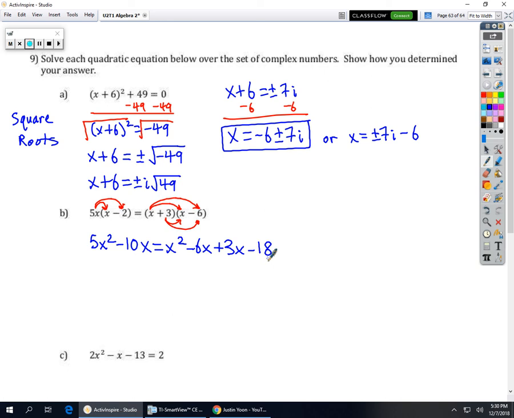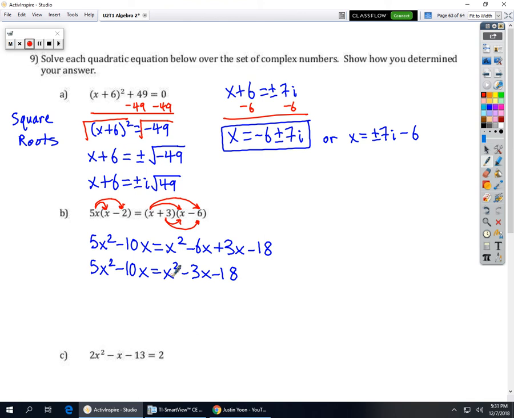Let's combine the like terms. Negative 6x and 3x can be combined. So the 5x squared stays the same, minus 10x stays the same, x squared, and these two become negative 3x minus 18. Gross. And again, we want to set quadratics equal to 0. That's how we solve these things. So how do I do that?